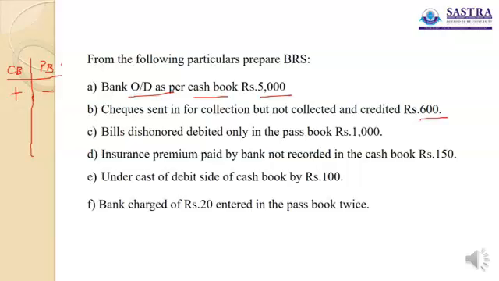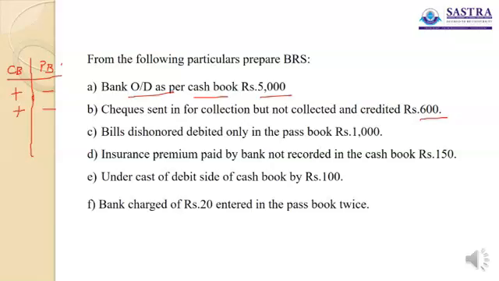So in the cash book we would have added it, which increases the balance of the cash book, and we hoped that it would be collected by the banker and credited to our account, but that has not been done because of the dishonor. So it has been entered in the passbook as unpaid, uncollected, so that it keeps the passbook's balance minus, whereas not yet been entered in the cash book, that keeps the cash book's balance higher.